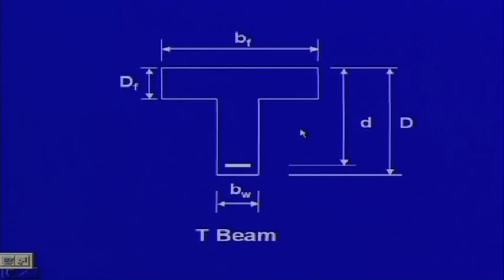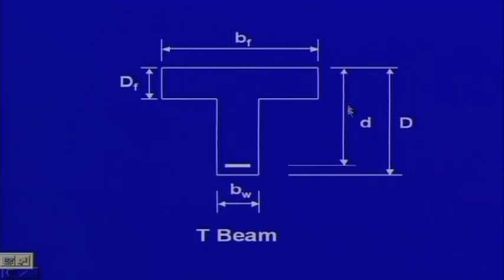This is one cross section of a T beam. We have web and flange. BW is the width of the web, DF generally is the depth of the slab, and BF is the width of the flange.